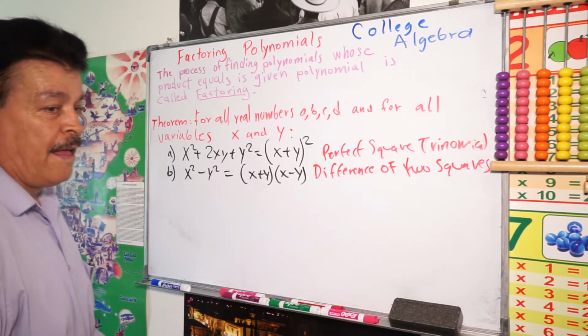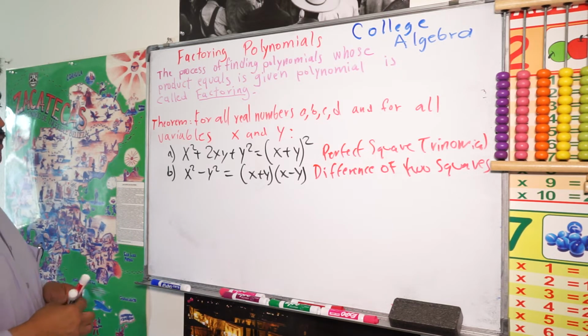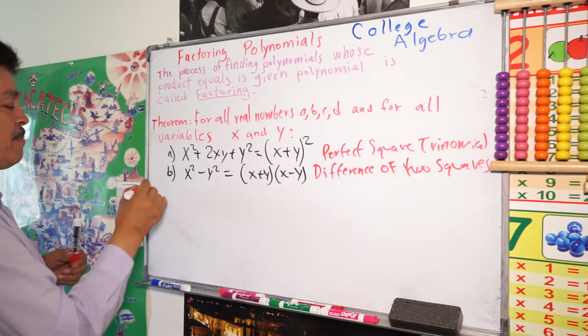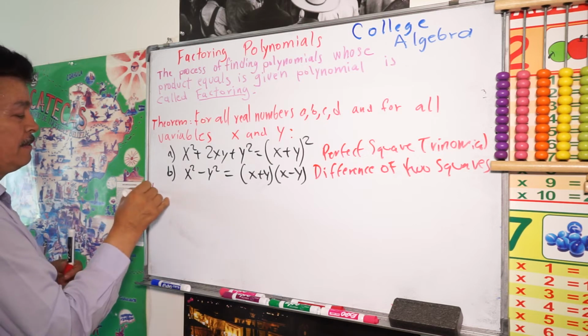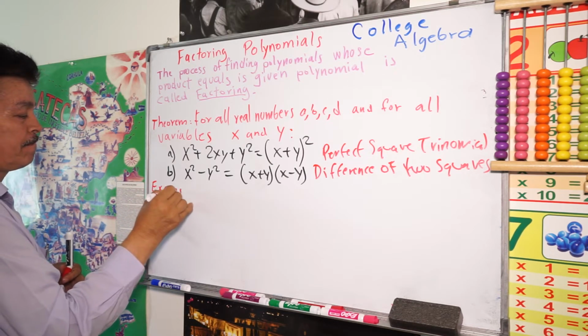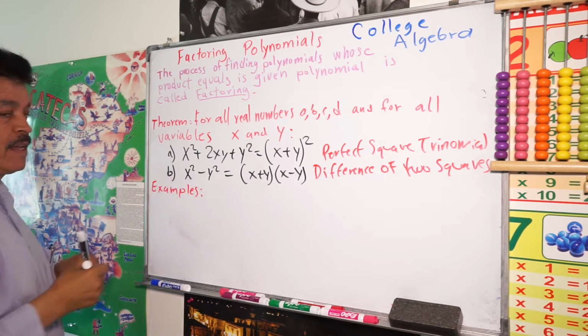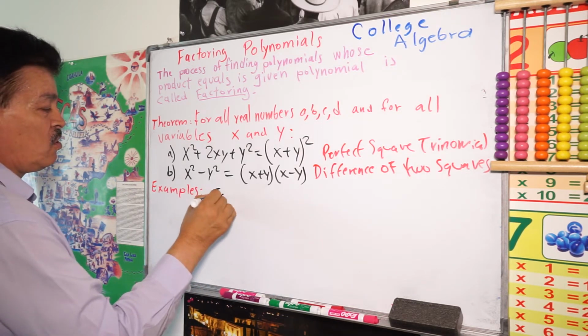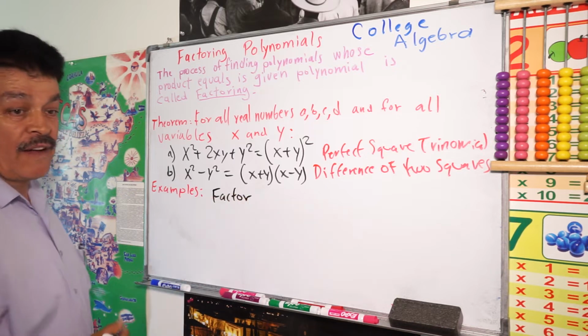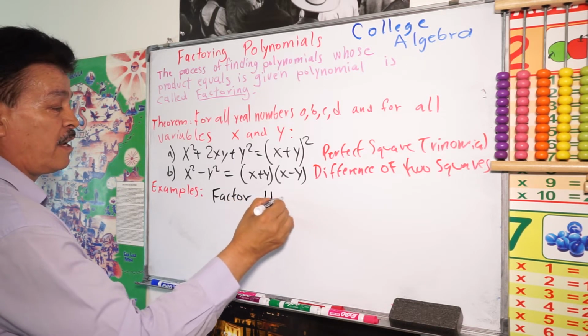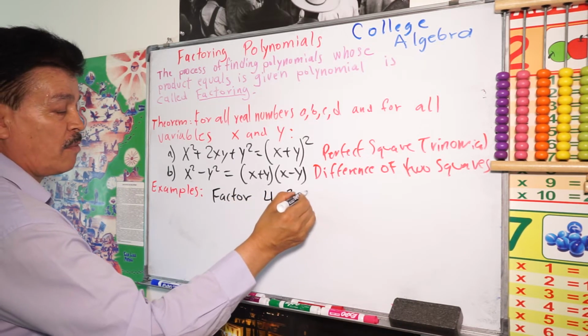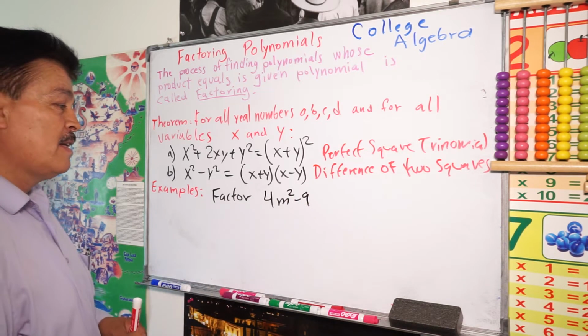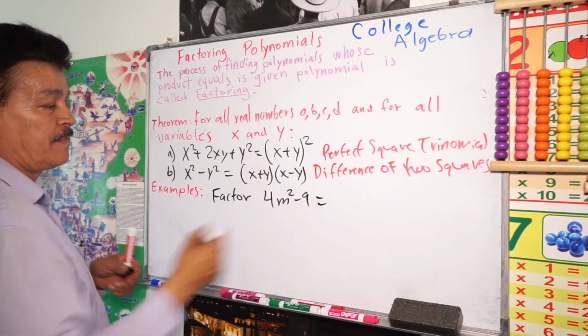Let's try some examples. First, factor 4m to the second power minus 9. How do we factor this?